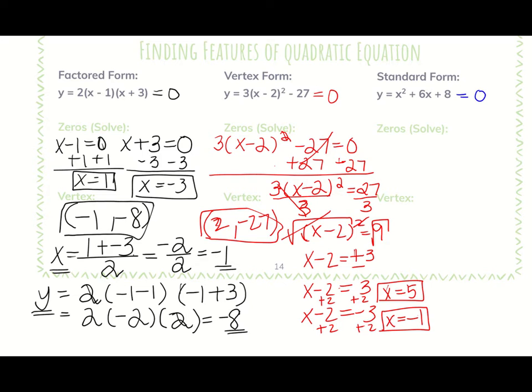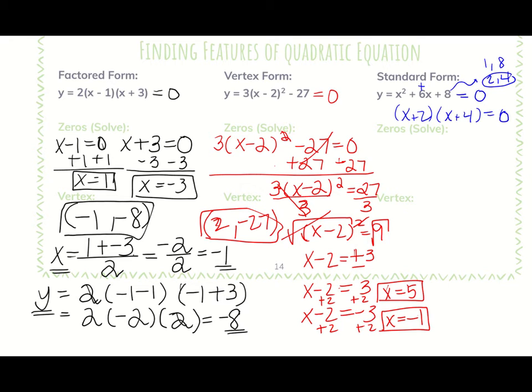So I would factor this. What multiplies to x squared? Well, x times x. What multiplies to 8? Well, 1 and 8 and 2 and 4. How do I know which one to use? Well, it's got to add to 6. 1 and 8 is 9, 2 and 4 is 6. Okay, I want to use 2 and 4. Everything's positive. Now I need to remember, I'm not done.